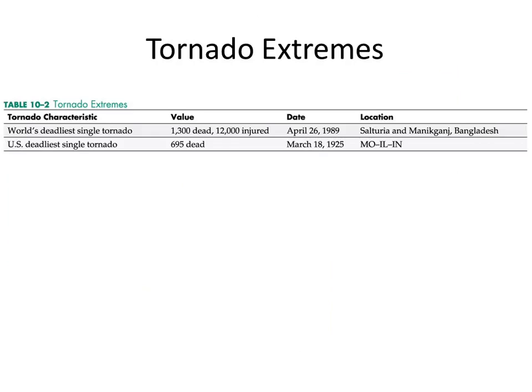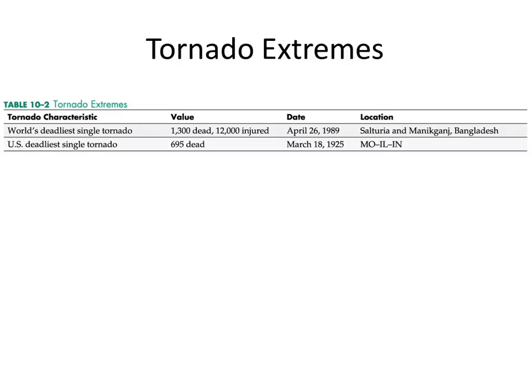So, some extremes about tornadoes. We're going to look at where tornadoes generally are, and worldwide, North America gets hit hard. But the deadliest one was in 1989, not that long ago, in Bangladesh. In the United States, back in 1925, a single tornado killed almost 700 people.